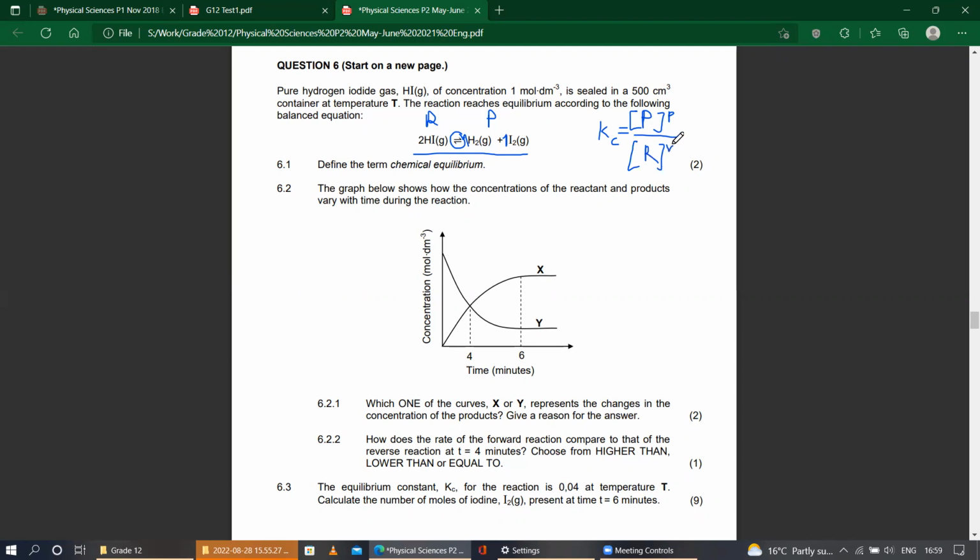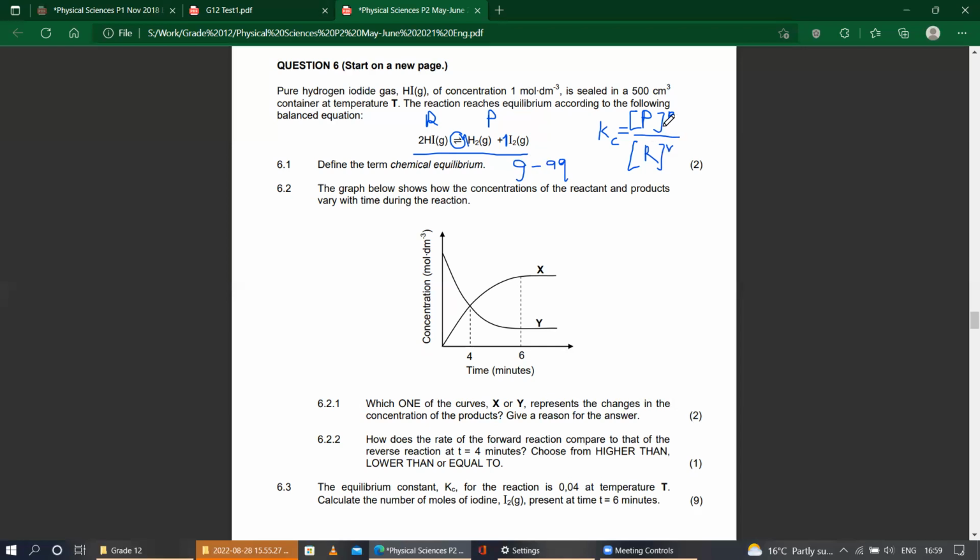One thing you need to know about Kc is that it mostly applies to gases and solutions in aqueous state. Solids are not involved in the chemical equilibrium, as well as liquids, if I remember well.